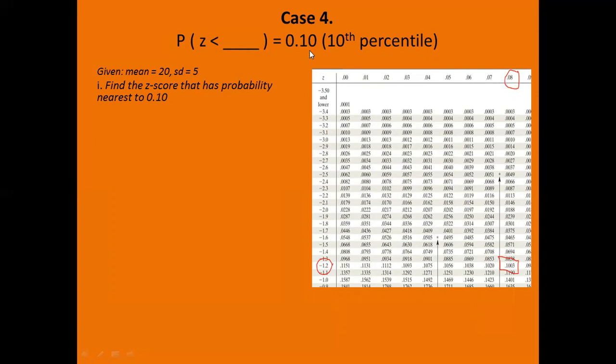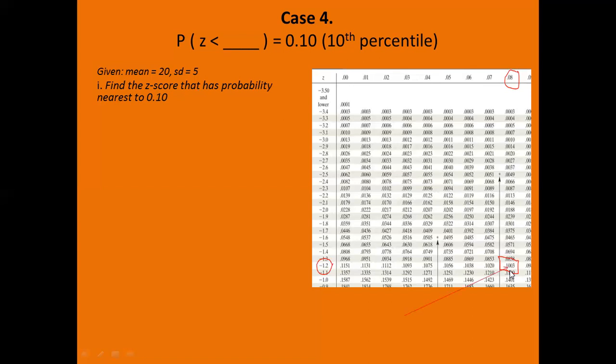Ito pong 0.10, very seldom lang natin makuha yung exact value niya dito sa table. Kasi unang-una, yung table po kasi natin is 4-digit sa decimal place. So yung 0.10, dalawa lang naman. So hahanapin natin pinakamalapit. Okay, so looking for the nearest value, you will notice na ito po yung pinakamalapit ng value, yung 0.1003. Pinakamalapit siya sa 0.10.